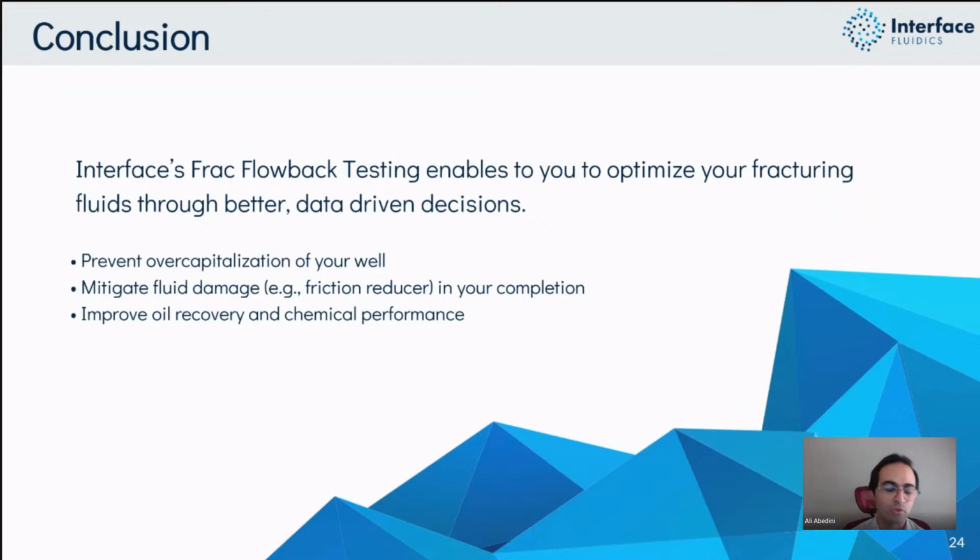If a surfactant is supposed to improve the performance, is it going to improve it the way it did as a standalone case, or if you have it with friction reducers or breakers or some other solvents, is it going to have the same performance or not? These are the questions we are able to answer throughout this platform.